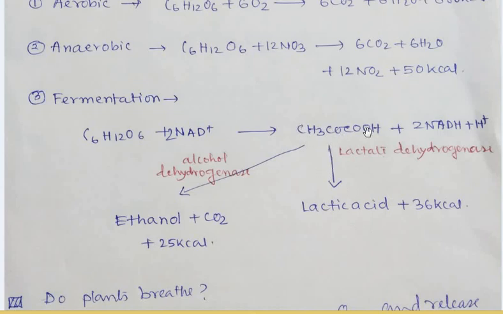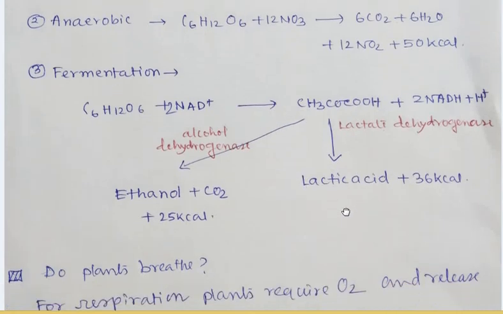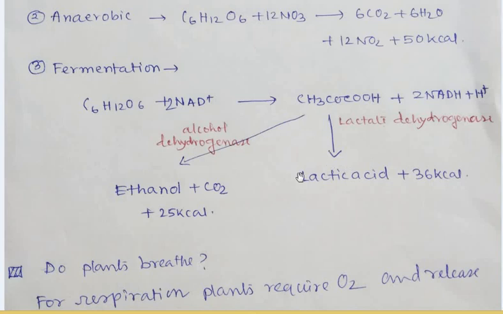Here the pyruvic acid which is produced after glycolysis is reduced into ethanol by the alcohol dehydrogenase enzyme, or may be reduced by lactate dehydrogenase to produce lactic acid. So this one is lactic acid formation and this one is alcohol fermentation.